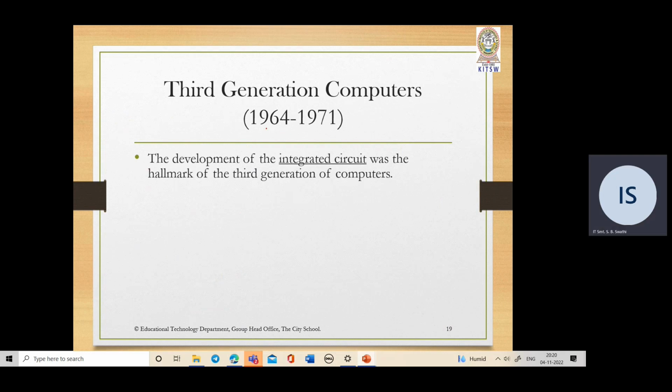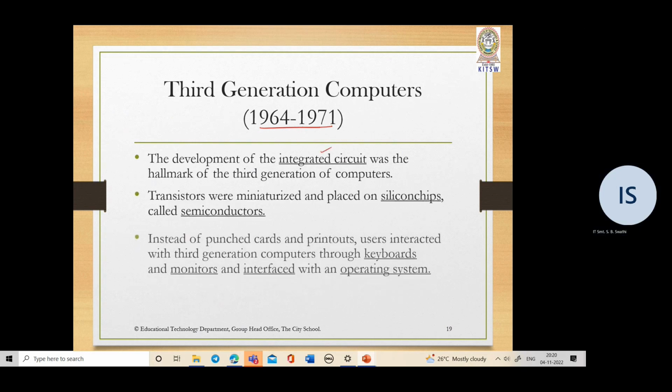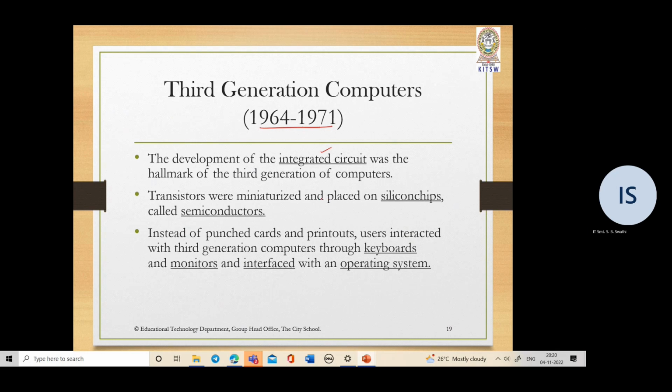And coming to the third generation computers, it was during 1964 to 1971, where transistors were replaced with integrated circuits. That is, the size of the transistors was reduced, and it was attached with some silicon chips which are called semiconductors.